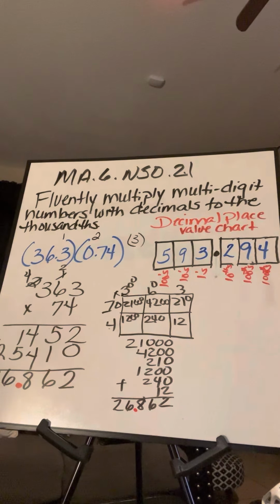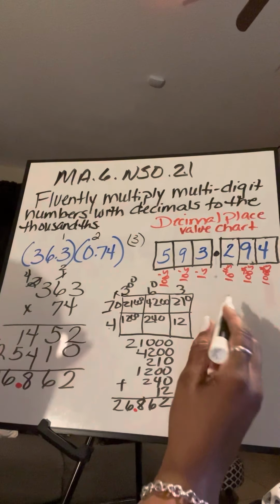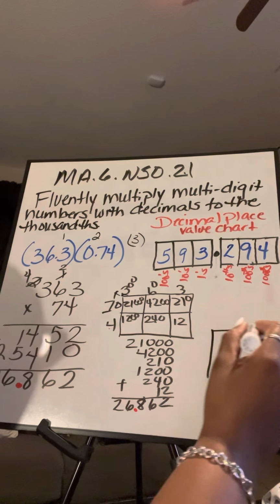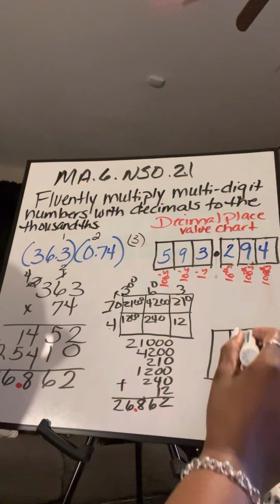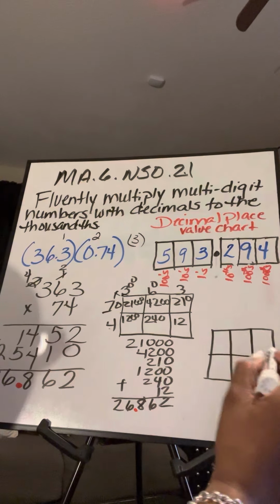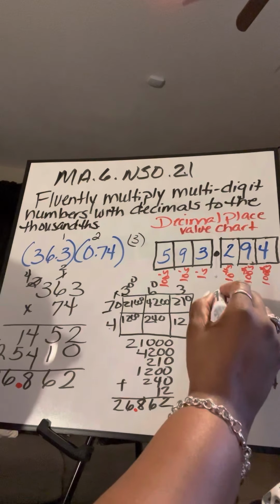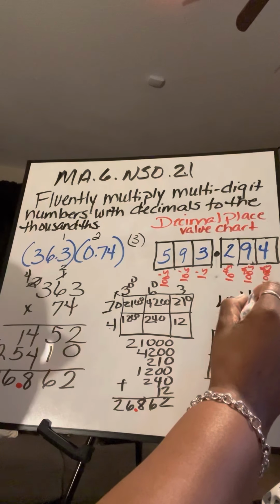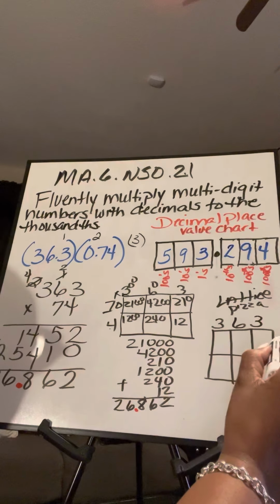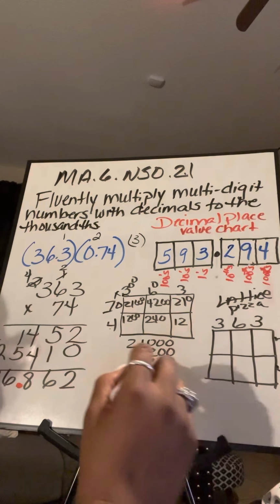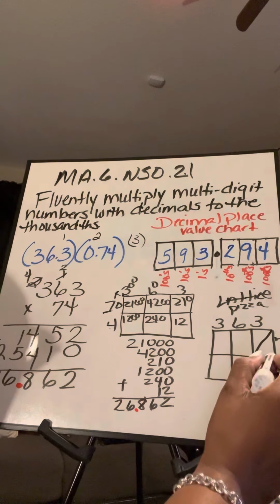And then one other strategy I'm going to show you is what we call the pizza method, which really makes for not making many mistakes. It's the lattice method, L-A-T-T-I-C-E, but I also call it the pizza. Okay, so our numbers are 3, 6, 3, and then we have 7, 4. And I'm going to cut all of these in half.